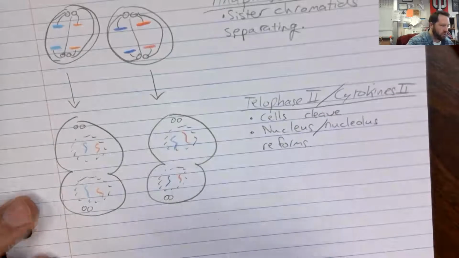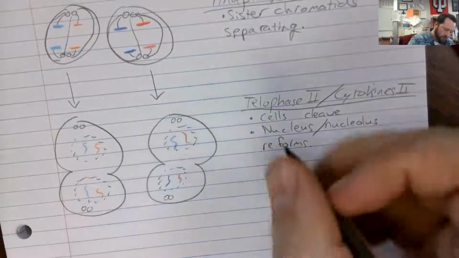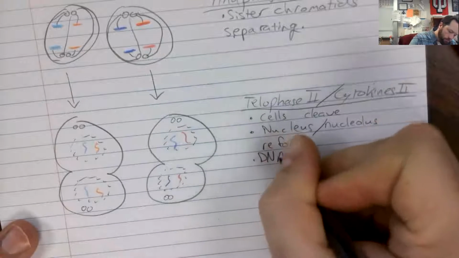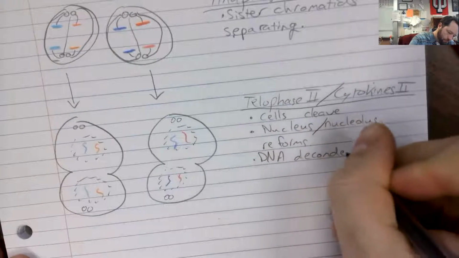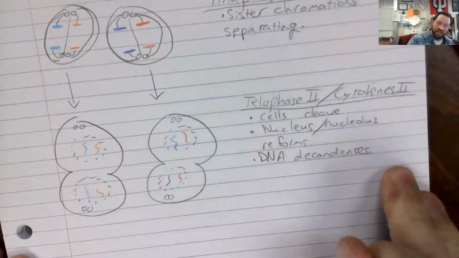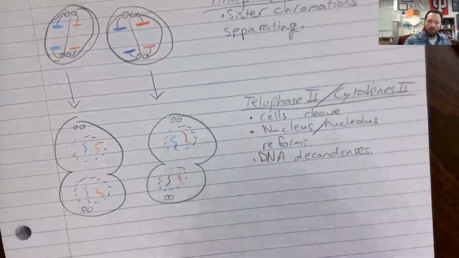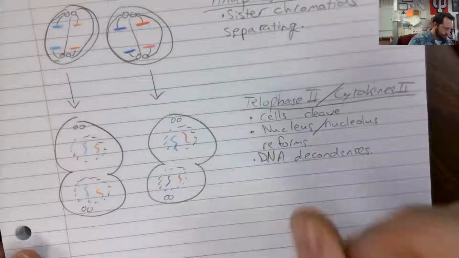Our nucleus and nucleolus reform. The DNA decondenses, so it's going to unravel. It's going to go back to the chromatin spaghetti-like form.